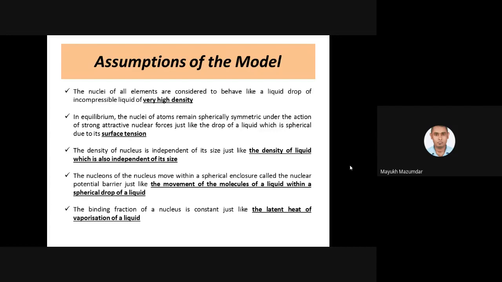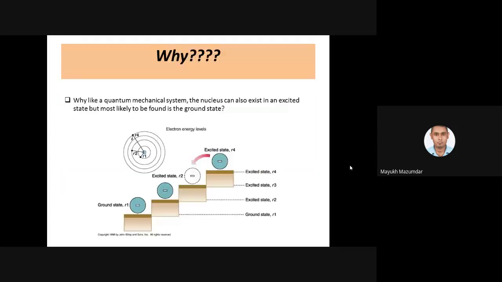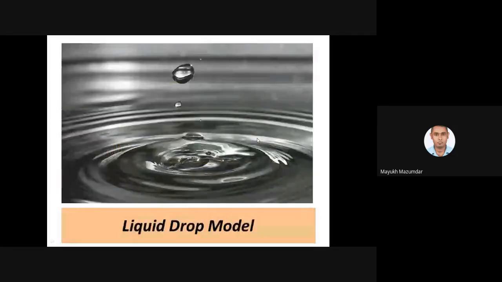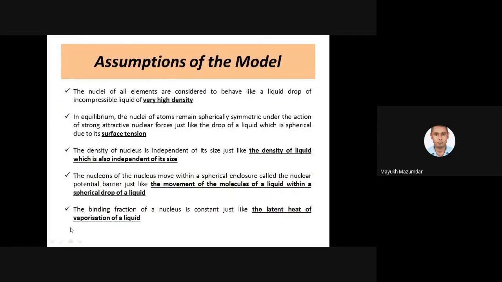And the last one is this graph, that the binding fraction is more or less constant. Likewise, the latent heat of vaporization of a liquid is also constant, isn't it? These things look oversimplistic, but you cannot say these are incorrect.